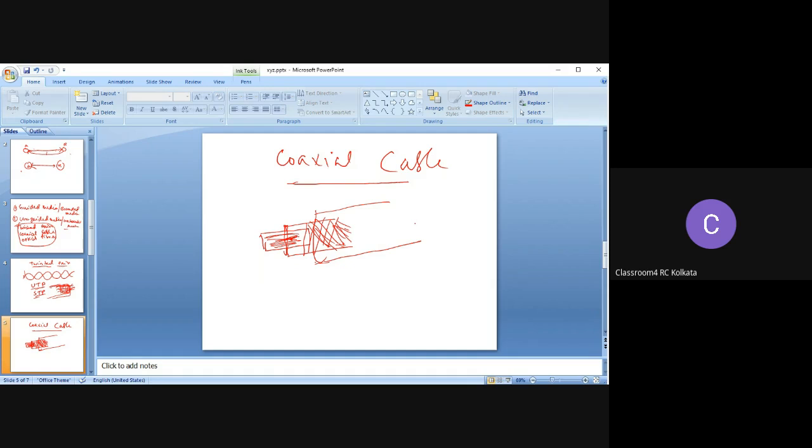Coaxial cable is used to transmit both analog and digital signal. Its frequency characteristics are superior to twisted pair. It works efficiently at higher frequency and data transmission rate. For analog signaling, it operates at about 400 megahertz.